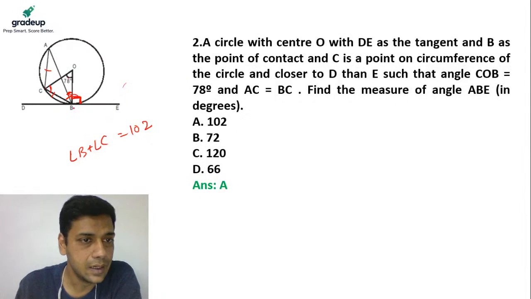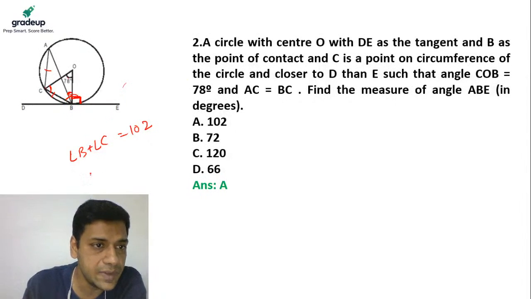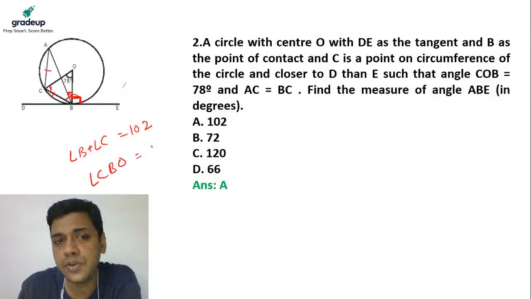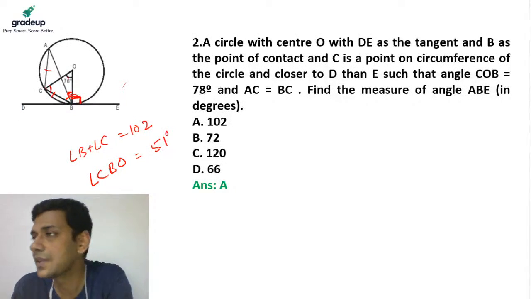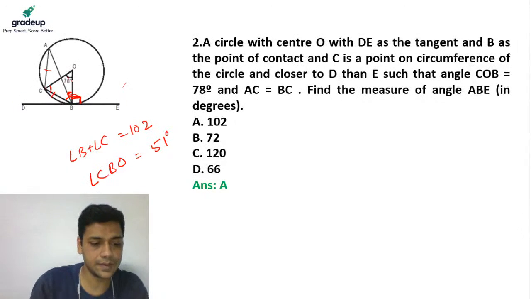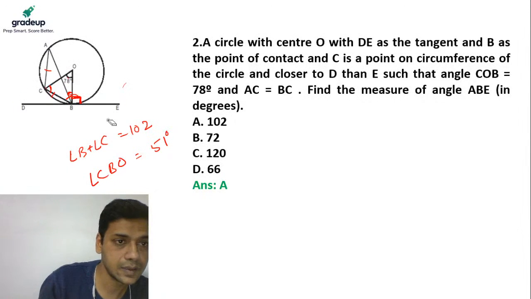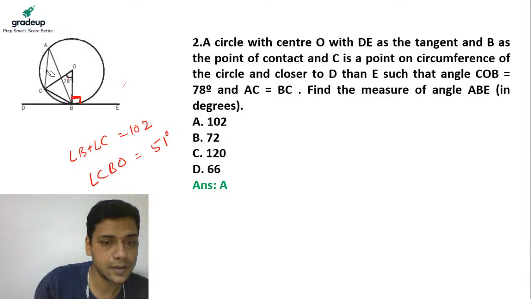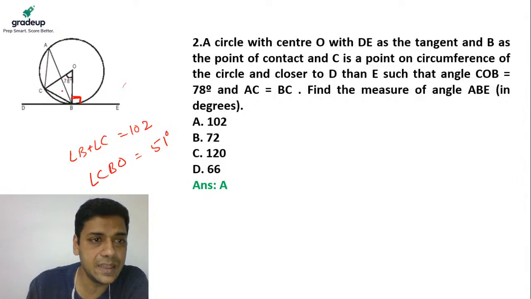So let's look at this complete angle B, which is angle CBO. Can I say angle CBO will be 51 degrees? Basically this angle plus this angle is 102.